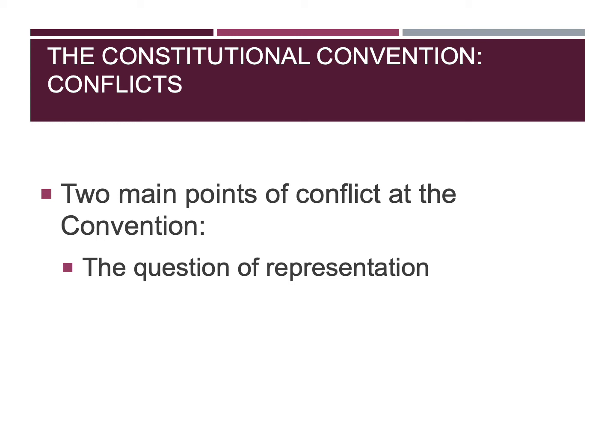Since the Articles of Confederation, all of the states were equal players, and there was a lot of controversy about how people should be represented in this new national legislature. Should the people and the states all have an equal voice, or should the states that have more people in them get more of a say? We'll talk about how that conflict was resolved.